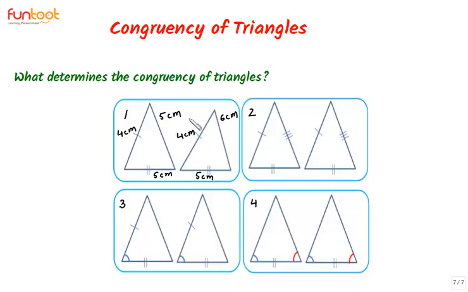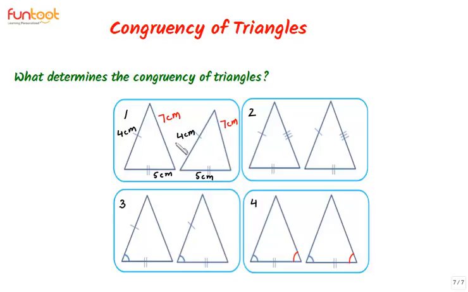Also, there can be some students who take the measure of the third side as same. If student C takes the third side of this triangle as 7 centimeter and student D takes the third side of this triangle also as 7 centimeter and constructs the triangle, then the 2 triangles will be congruent. If you keep such triangles over one another, they will perfectly cover each other.